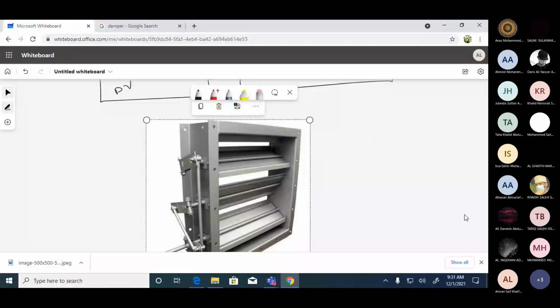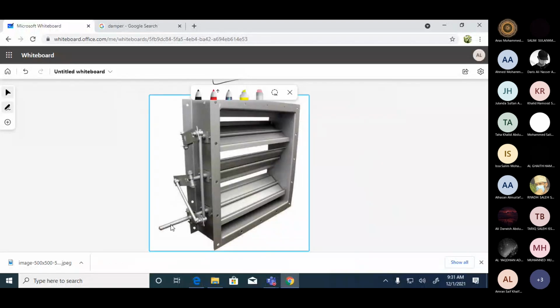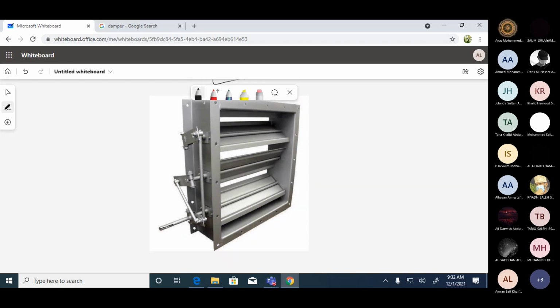Okay, so you see this picture that I'm showing you. This is an example of a damper. Okay, so you see here what's happening. When I move this, are you able to see it? Yes, Miss. So you see here, these are the levers, and they are all linked together. So when I move this part, what will happen? This can be either opened or closed. So this is an example of a damper.